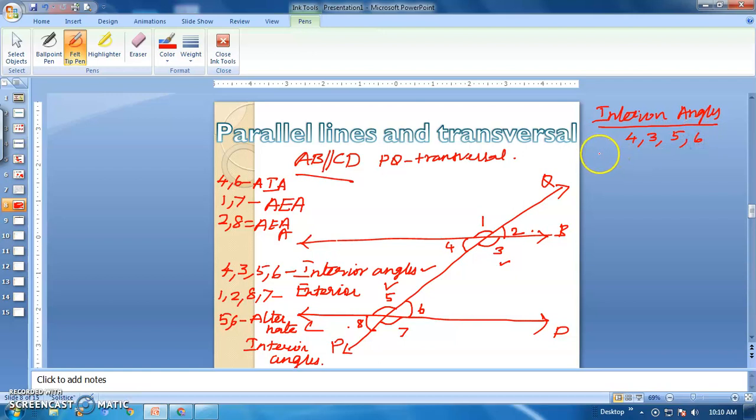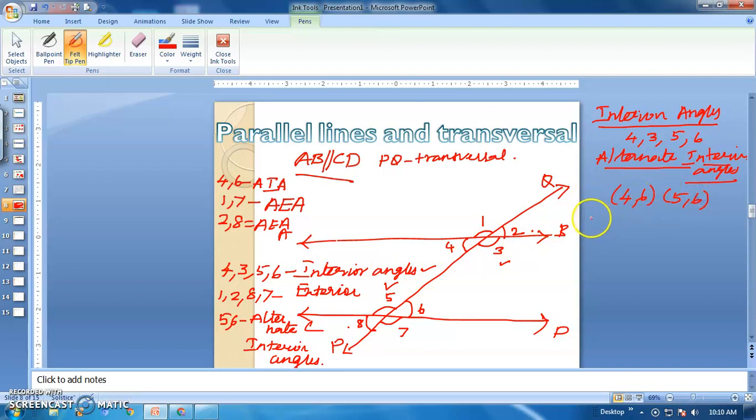And among them, the alternate interior angles. Out of these 4 interior angles, which ones lie alternately? So 4 and 6, and another pair 5 and 3. They are alternate interior angles.